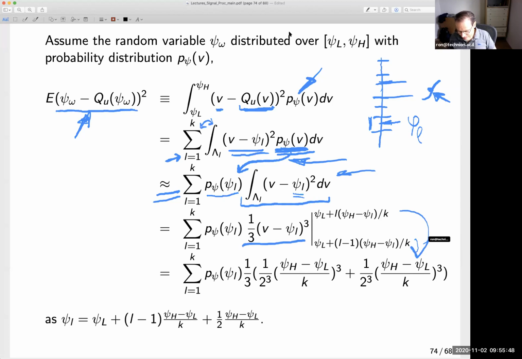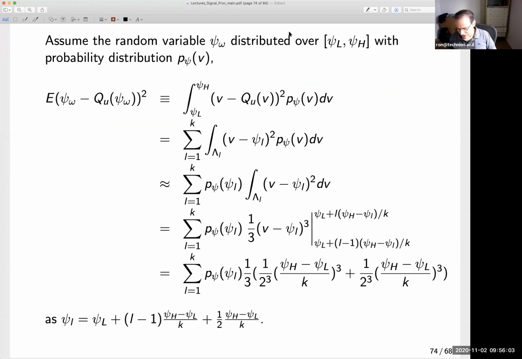So again, we assume that we uniformly quantized phi, and these are the values of this quantization level for each and every interval. Okay, so this is this value in the middle, at the center. So again, we didn't do much here, but rather quantize the probability, assuming that the probability can be assumed by a constant number within each interval. And at the end of the day, this is what we would be getting. So let's push it forward.